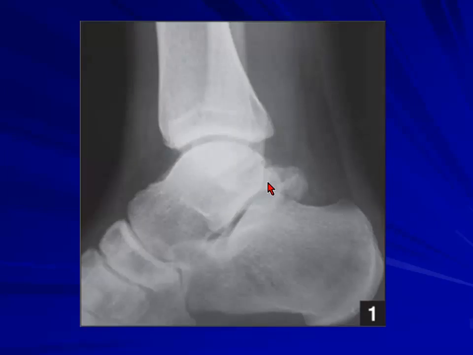This is what Gopi showed you. So this is the talus, and this looks like an adult patient, and this is still very prominent. So these are the os trigonum, and it has not fused, so you can see the lucent line. These should be processes fused together with the body of the talus, and it is prone to infection and inflammation.